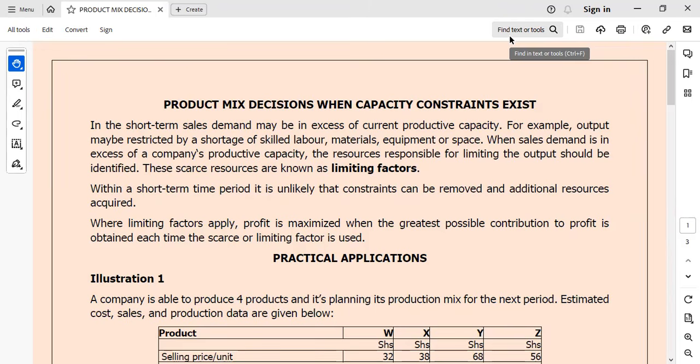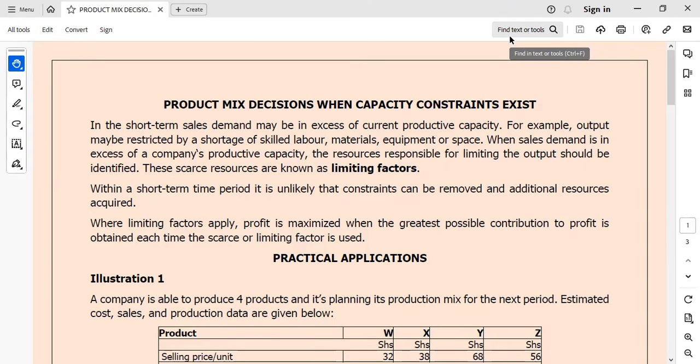Within a short-term time period, it is unlikely that the constraints can be removed and additional resources acquired. So where limiting factors apply, profit is always maximized when the greatest possible contribution to profit is obtained each time the scarce or limiting factor is used.